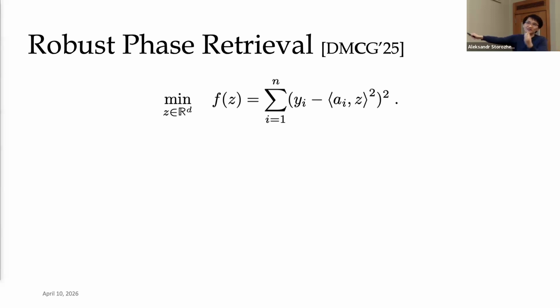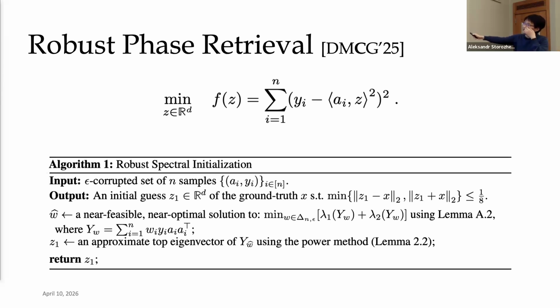Eventually, I want z to be equal to x. If z is x, this will be 0, right? So I'm taking the difference between this and y_i and doing least squares on this. But this is now a fourth order function, a degree 4 polynomial in z.